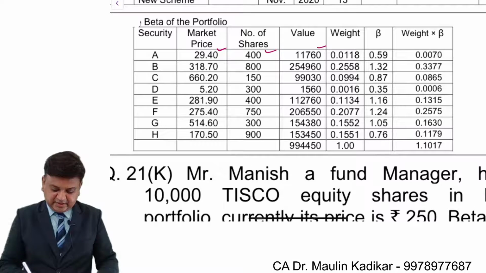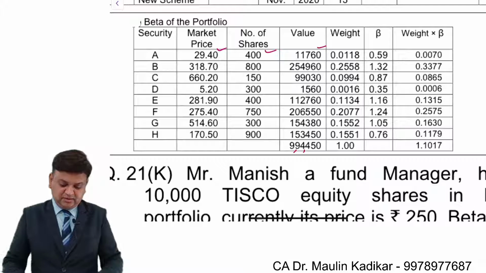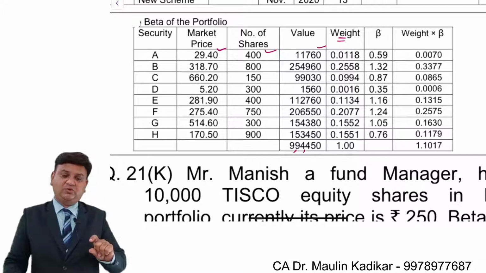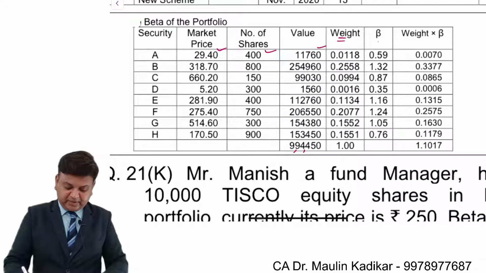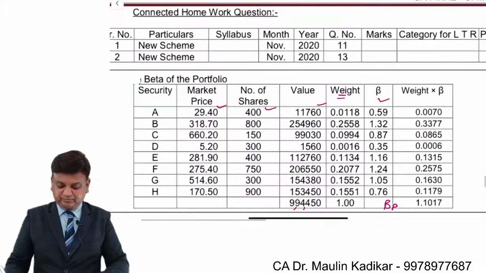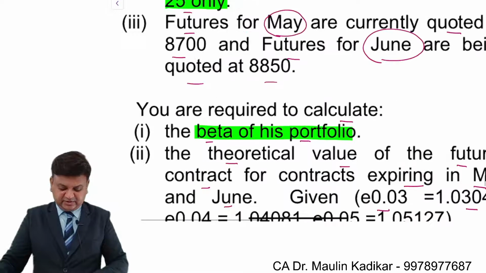So the total value of the investment is 9,94,450. Weight, or the proportion, is the amount of the investment divided by the total value. Multiplying with beta, that is the way the beta of the portfolio is calculated. So now the beta of the portfolio is a ready-made answer available with us.